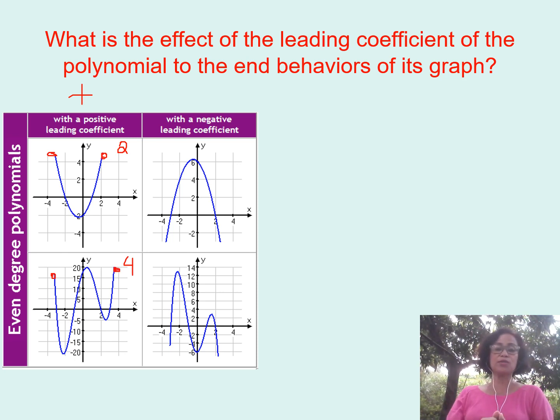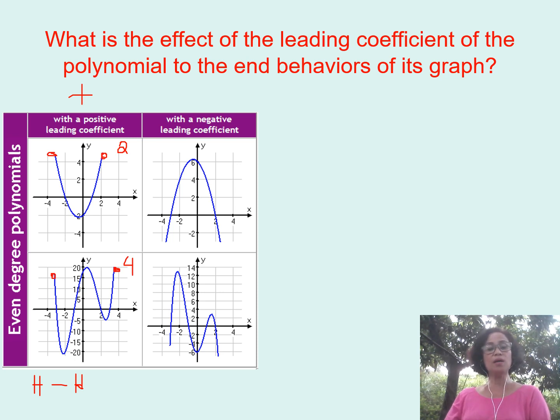So, to summarize, when the leading coefficient of an even degreed polynomial is positive, its end behavior would be high, and then would end at also a high point. Later on, I'm going to show you a summary or the general rule.